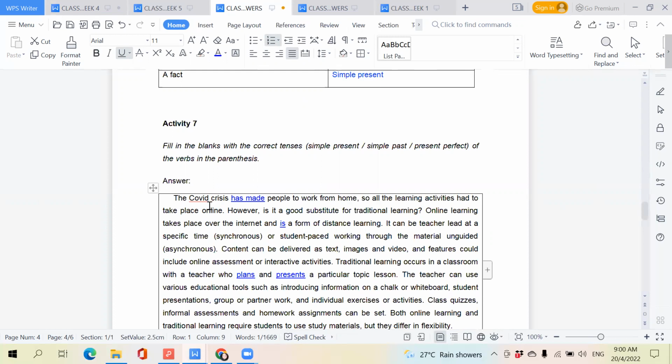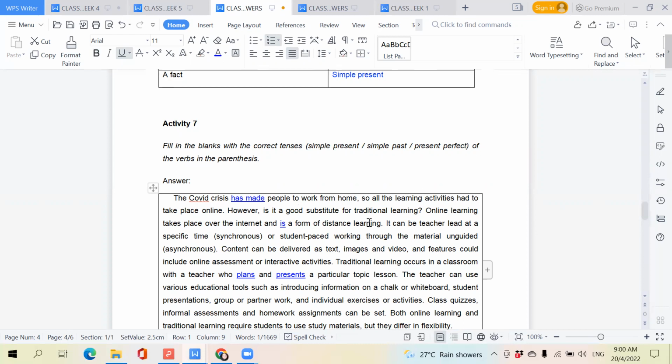Okay, this is 2022, and we are still facing the COVID-19 crisis today, even though this happened like 3 years ago. So that's why you use present perfect, because the impact of COVID-19, even though it happened about 3 years ago, is still here today. So please remember, that is when we use present perfect.